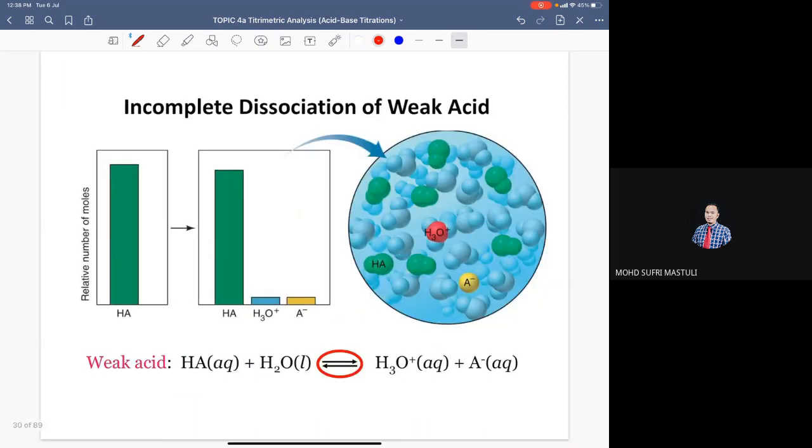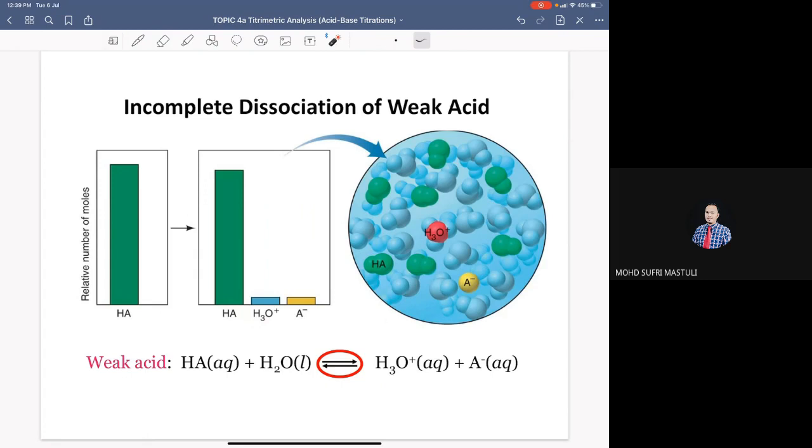So for incomplete dissociation of a weak acid, for example, we have HA. Because it is a weak acid, it dissociates incompletely. So in the product we still have a certain amount of HA and a low concentration of hydroxyl ion and also an ion.